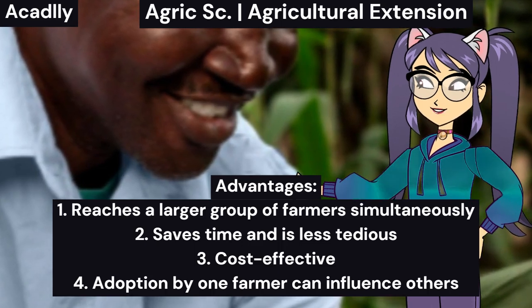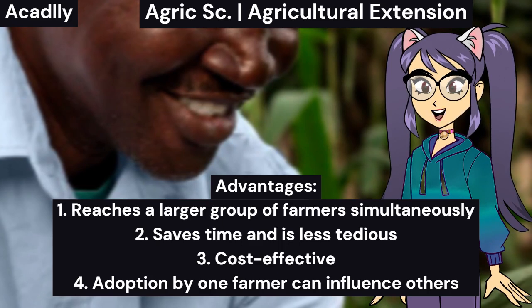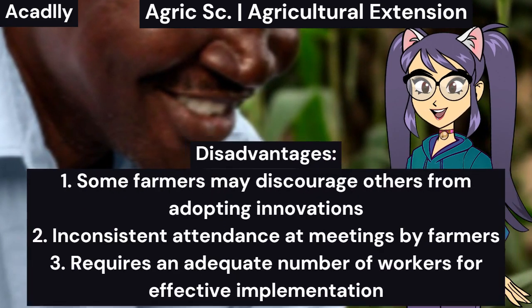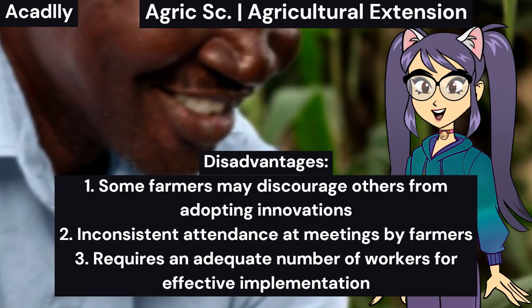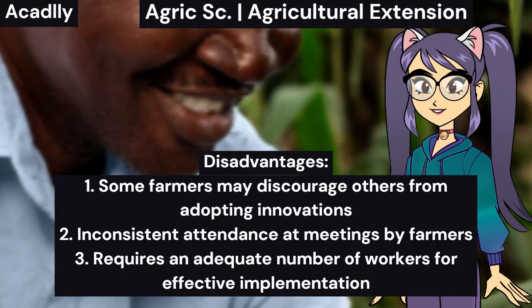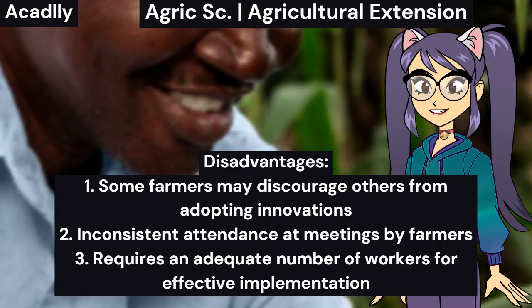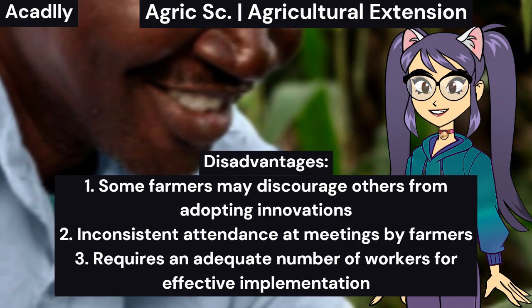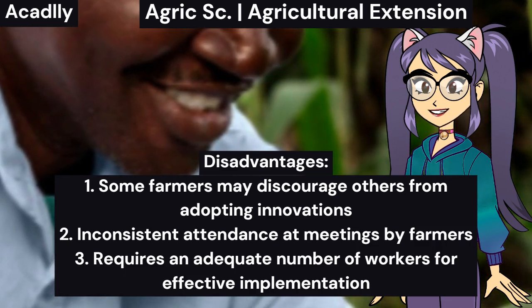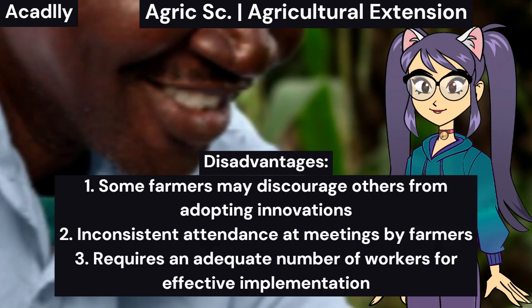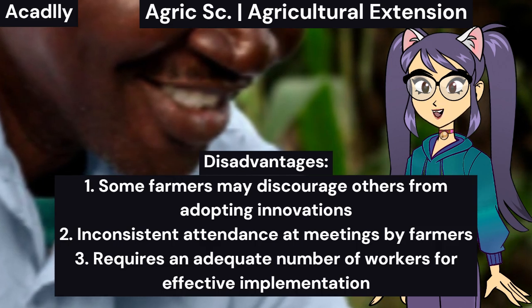Cost-effective. 4. Adoption by one farmer can influence others. Disadvantages. 1. Some farmers may discourage others from adopting innovations. 2. Inconsistent attendance at meetings by farmers. 3. Requires an adequate number of workers for effective implementation.